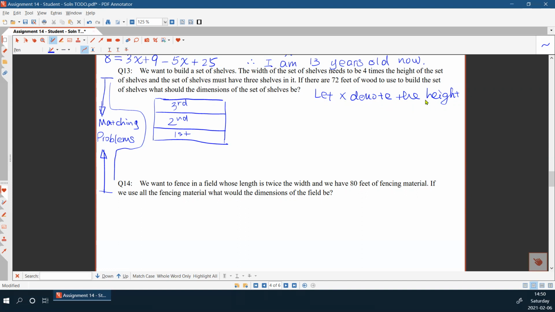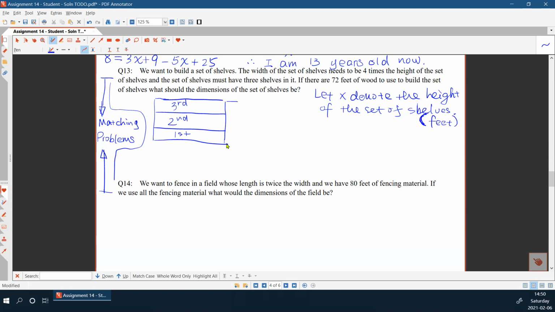So let x denote the height of the set of shelves. Of course, you should list the unit of x, okay? Because sometimes you find that not all the quantities have the same unit. So it's better to list the unit here and make sure all the quantities are in the same unit. Of course, here the unit is feet.